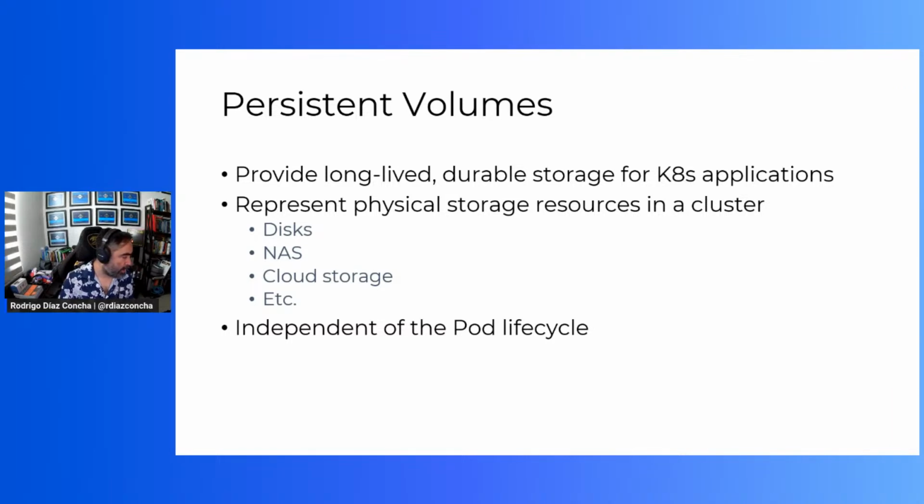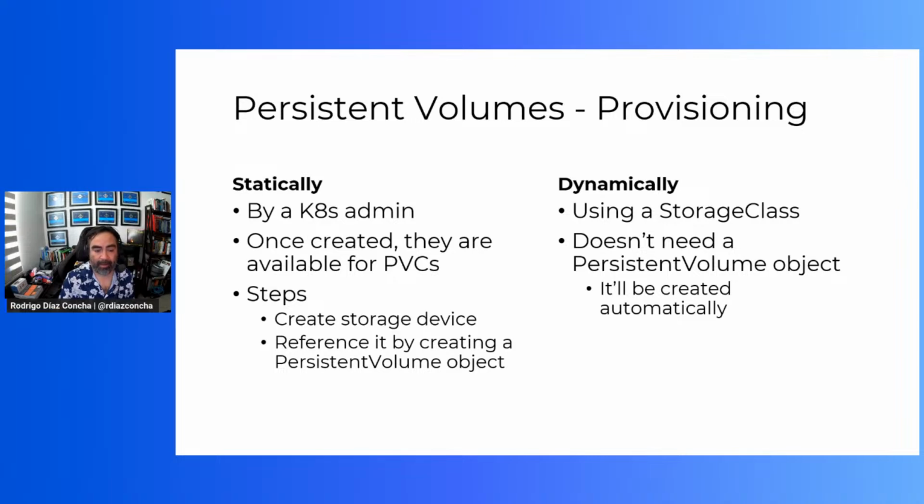So this is a better option for storing your data instead of using ephemeral volumes. Of course, ephemeral volumes have their place. They come in handy when you want to just temporarily store something, right? And persistent volumes is for the other way around. You want to store the data persistently.